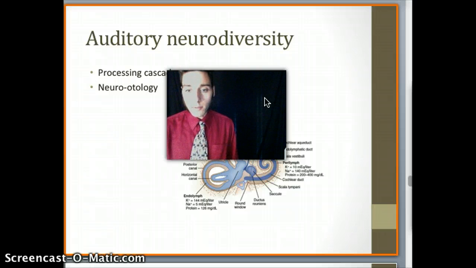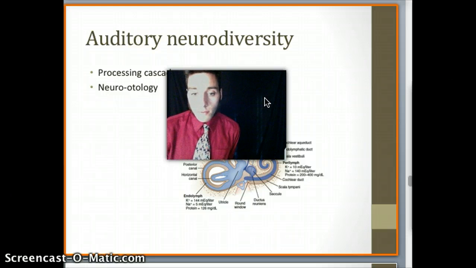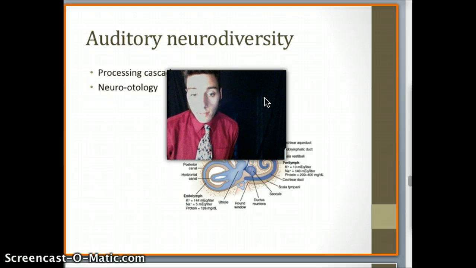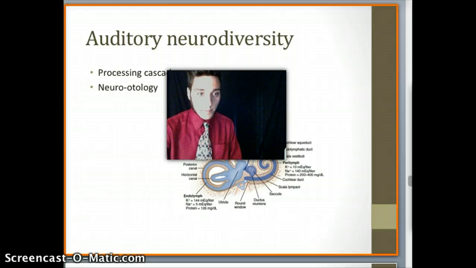So in terms of auditory association, there's of course the auditory area and inferior colliculus and superior olivary complex, and these different areas that receive information from the thalamus and are variously involved in processing.